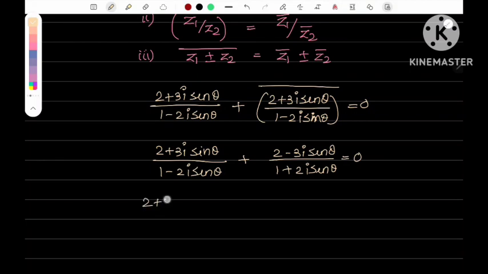So 2 plus 3i sin theta plus 2i sin theta, 4i sin theta. This will be equal to 6 plus 6i square sin square theta.